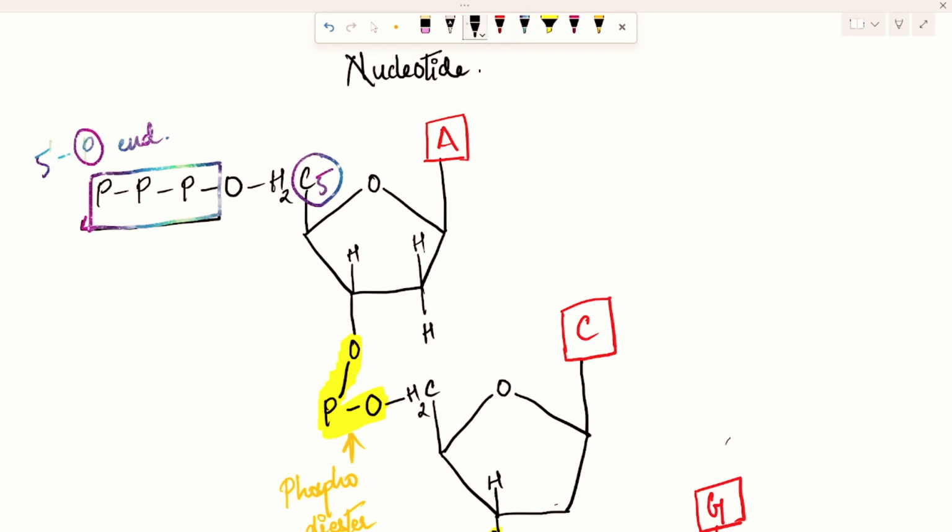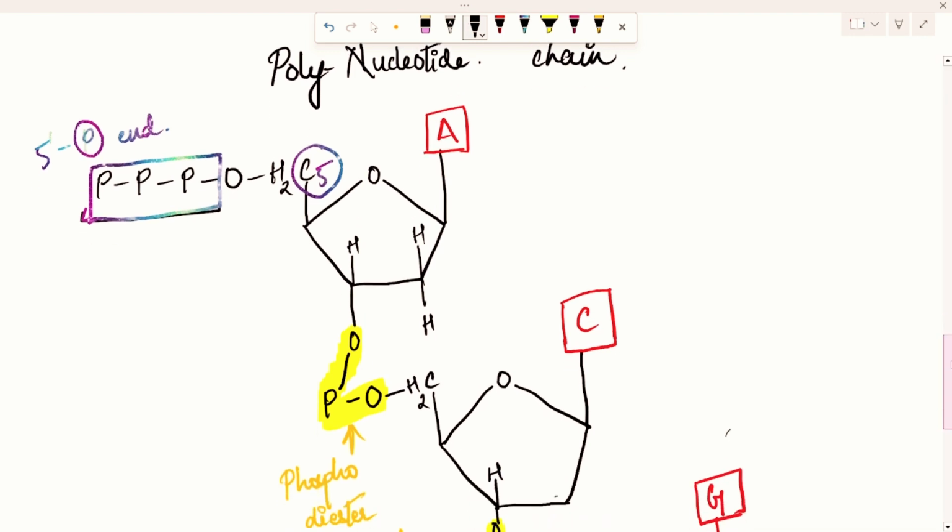Now, this is a polynucleotide chain. That's what the structure of a polynucleotide chain looks like. It starts from over here with the 5' phosphate end, because before this nucleotide there is no other nucleotide. Had there been a nucleotide, that would have been the starting point of the chain.